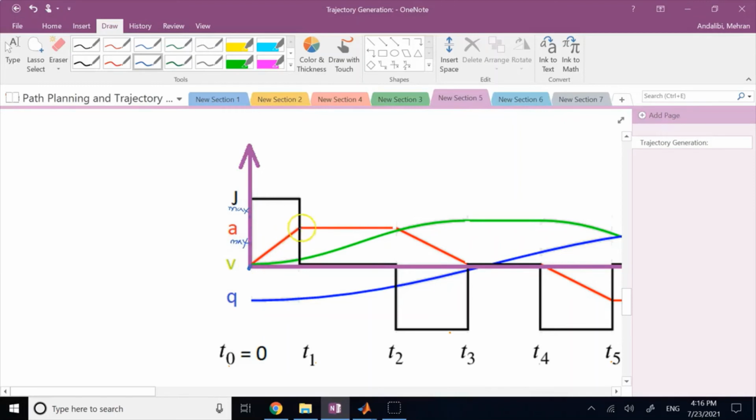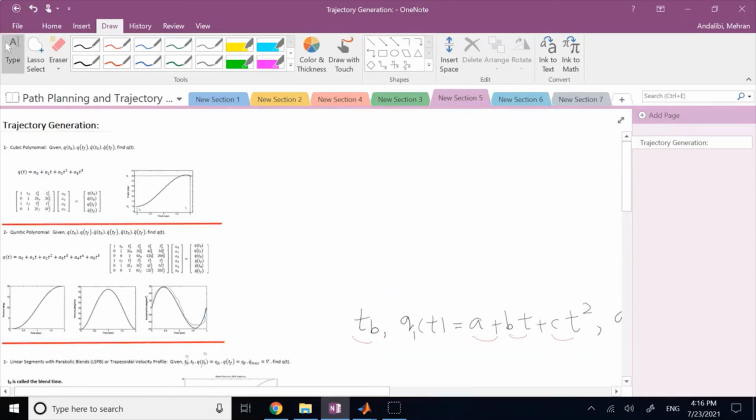And since the relation for the acceleration is linear, clearly this A max, the height, is equal to the slope, this J max here is the slope of the line, times the time that you had, which is T1. So you see, T1 J max is equal to A max. So from here, T1 is what? It is A max divided by J max. Correct? Which you can see over here.